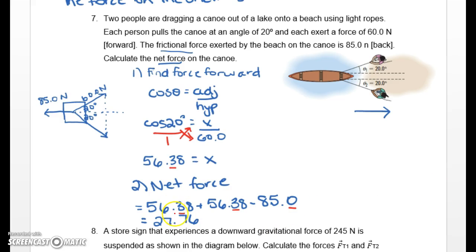So here we have 1 value to the right of the decimal, 1 value to the right of the decimal, and once again 1 value to the right of the decimal, meaning that we have to go to 1 value to the right of the decimal for your answer. So our answer for this actually is 27.8 newtons, and in this case we're working with our forward direction.